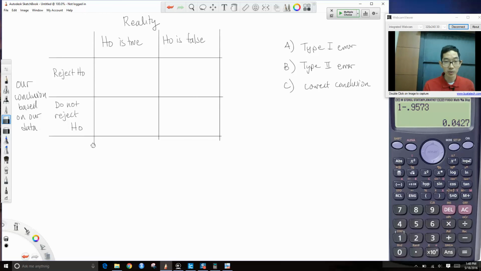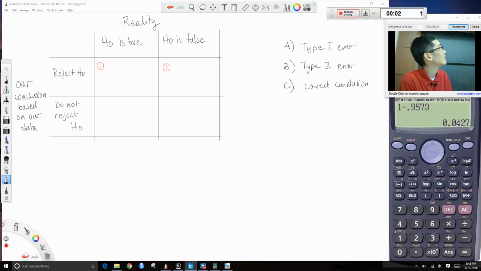We'll call this box 1, and we'll call this box 2. So what is the answer that goes under box 1? Is that type 1 error, type 2, or the correct conclusion?